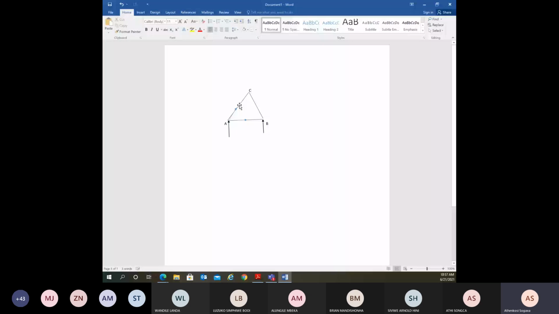But by having those, once you determine this one, you go to the next point, because this one is now known.